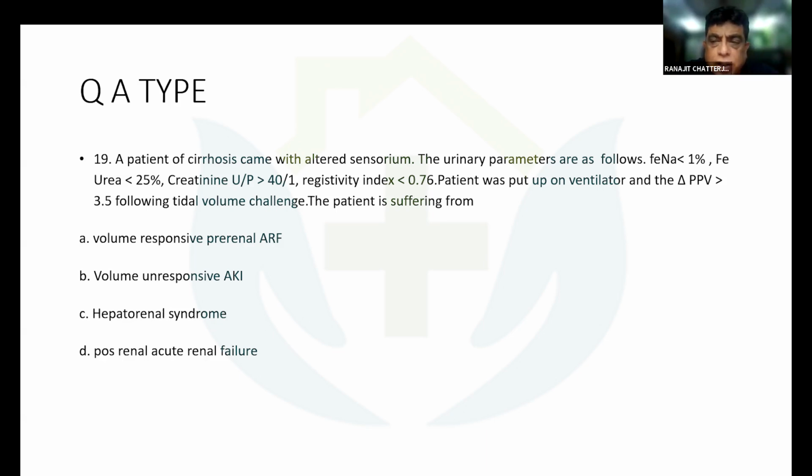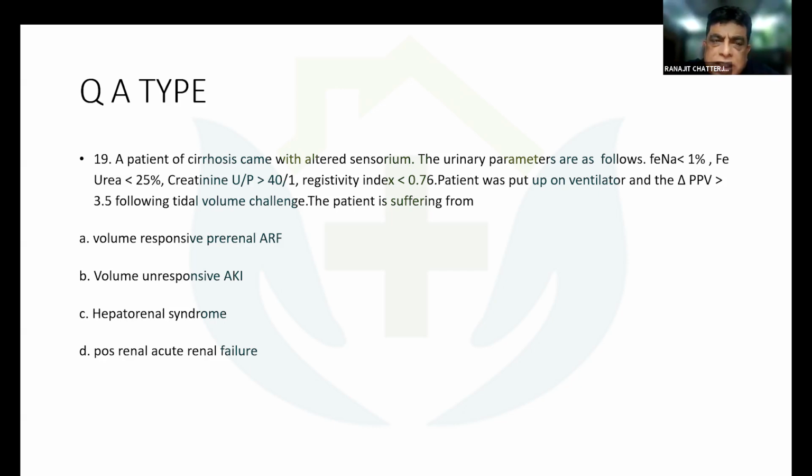From here up to here, I have made the diagnosis. Now, whether this is volume responsive is given by the delta PPV. PPV is the pulse pressure variation. What is happening basically?